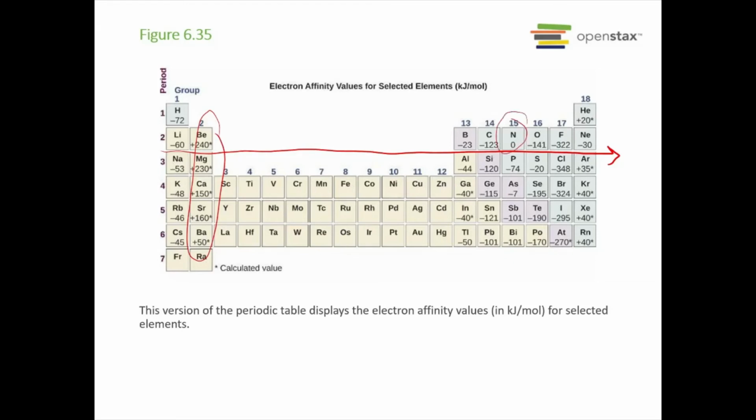Nitrogen has a relative 0, and then you can see these lower electron affinities for group 15. But overall, you see that the nonmetals have a more negative electron affinity, meaning they release energy when the electron is put in, and they get more stable.